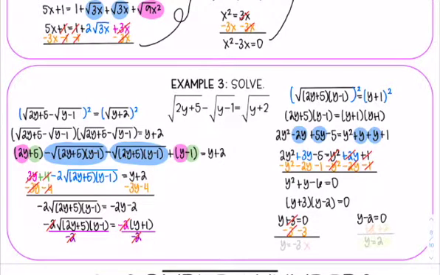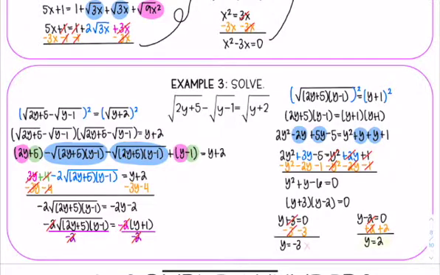And we get that y equals negative 3. And in the second one, we're going to add 2 to both sides. And so we end up getting y is equal to 2.